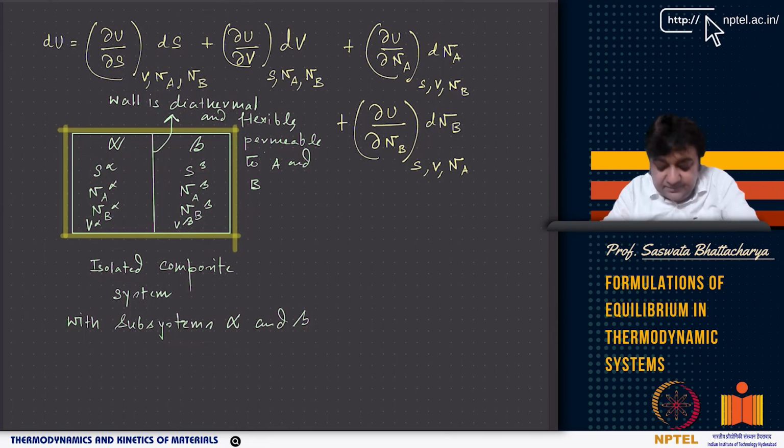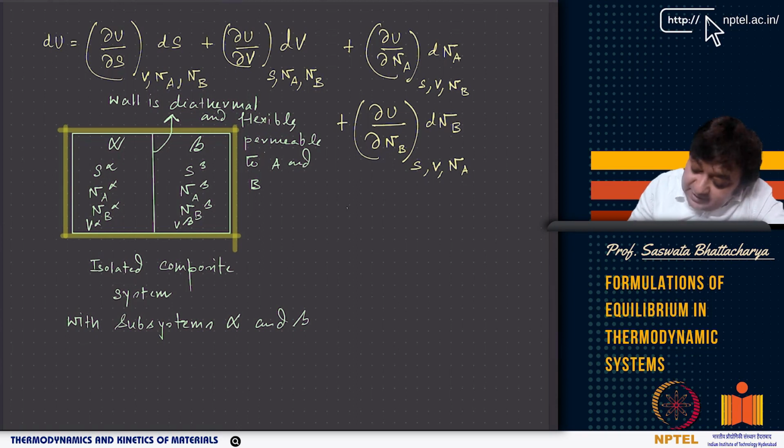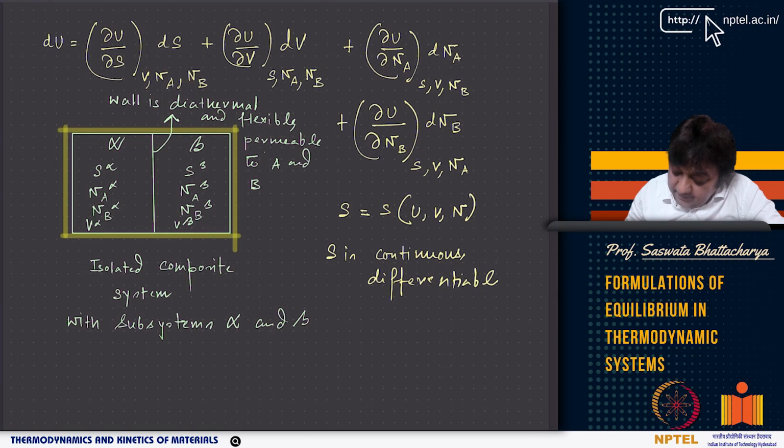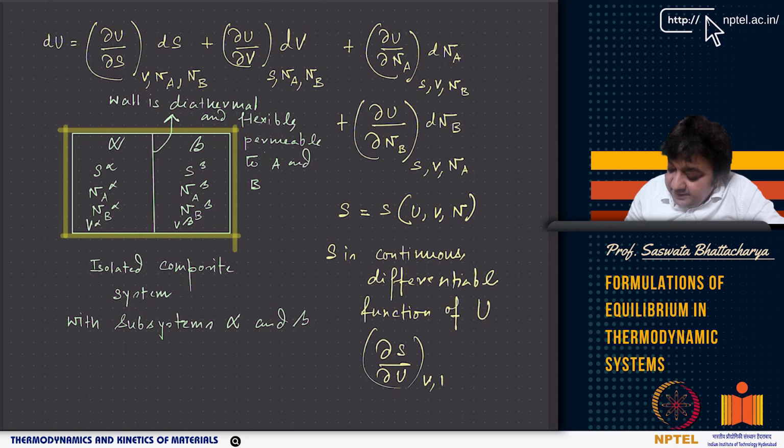Now similarly, we know that we have written this type of function S equals S(U, V, N), but we also said that S is a continuous, differentiable function of U, and del S by del U with V and n_i constant has to be greater than 0.